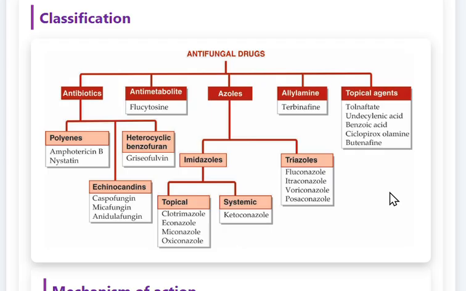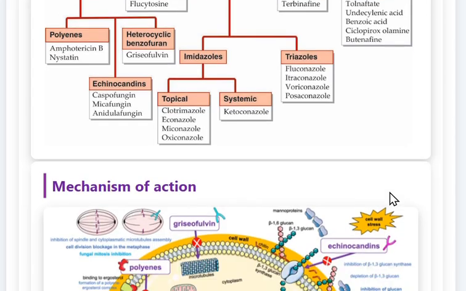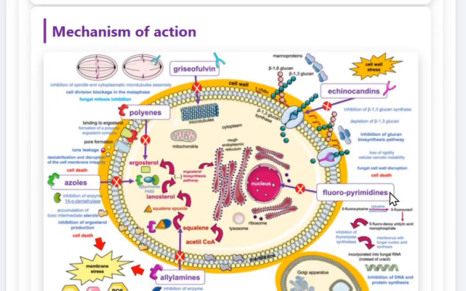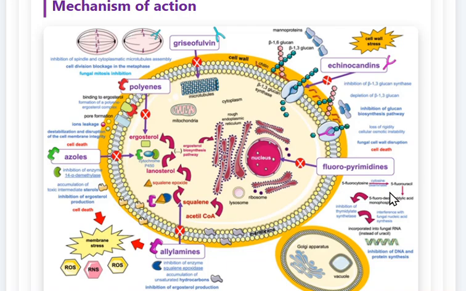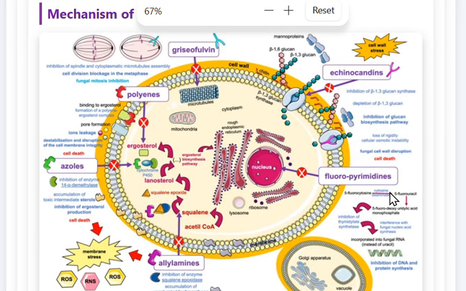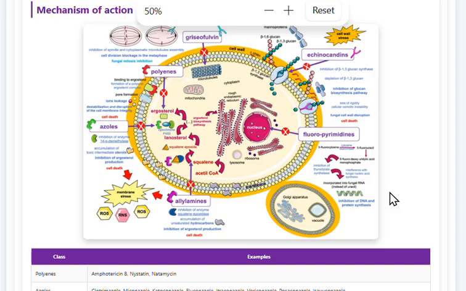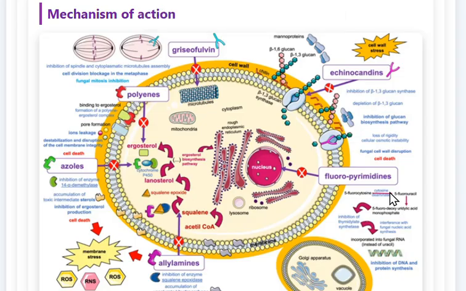Now, let's discuss the most important section of today's topic, the mechanism of action. Take a careful look at the diagram on your screen. Almost every university examination contains at least one question from this figure. So understand it carefully. Let's begin with polyenes. The fungal cell membrane contains ergosterol.